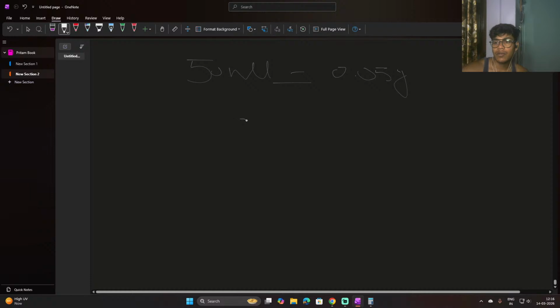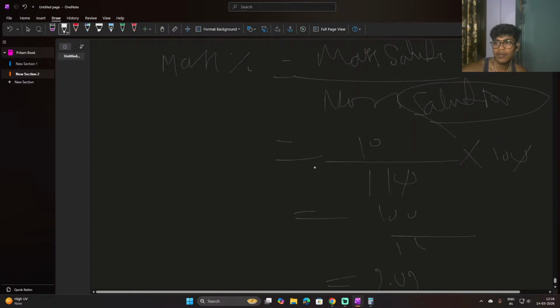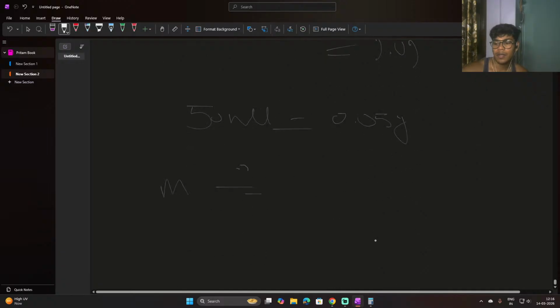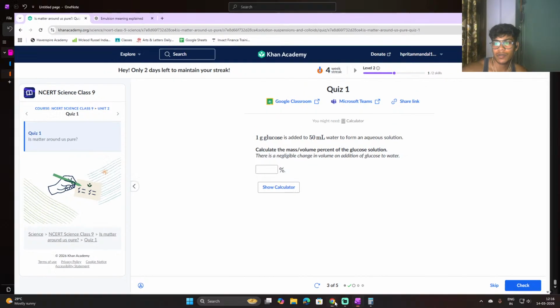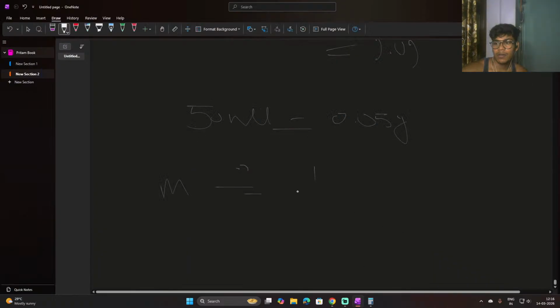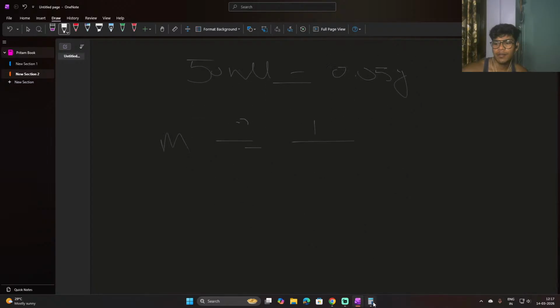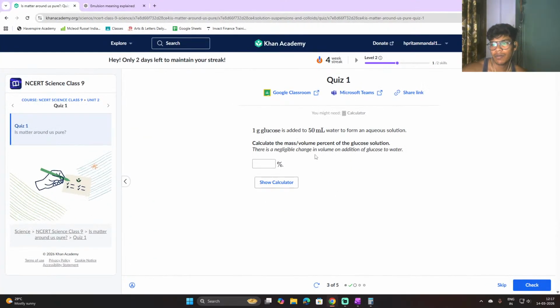So mass percent equals mass of solute divided by mass of solution. Mass of solute is what? Glucose. How many glucose? 1 gram of glucose. 0.01 gram. It's showing something fishy because of ml and this.